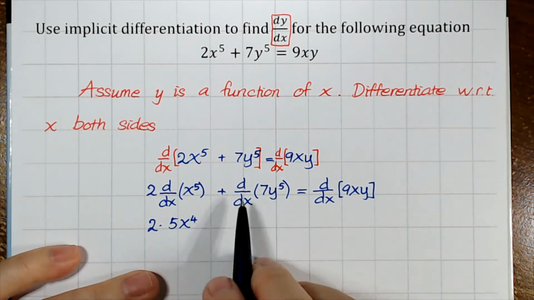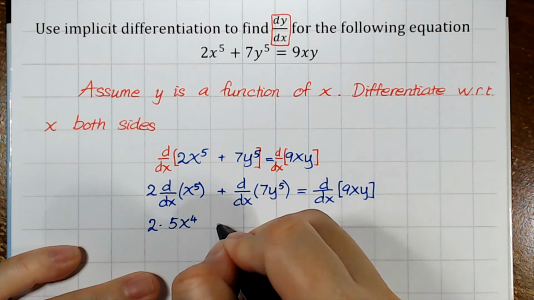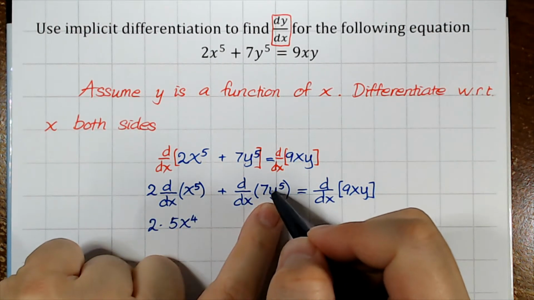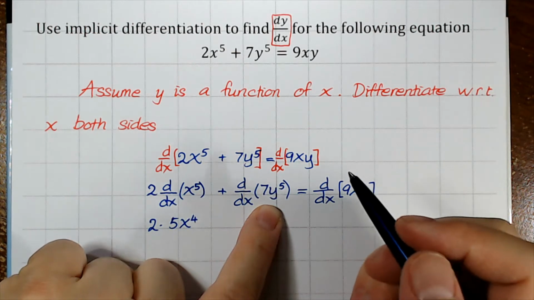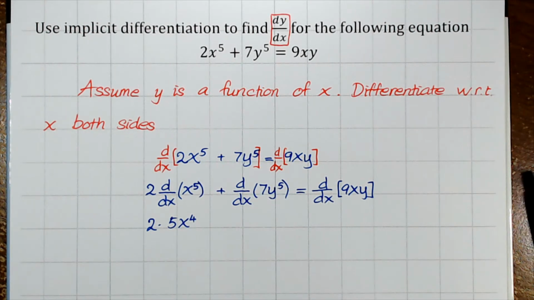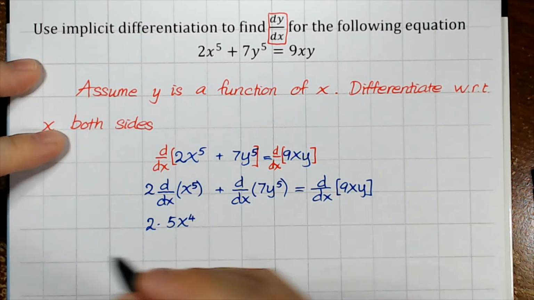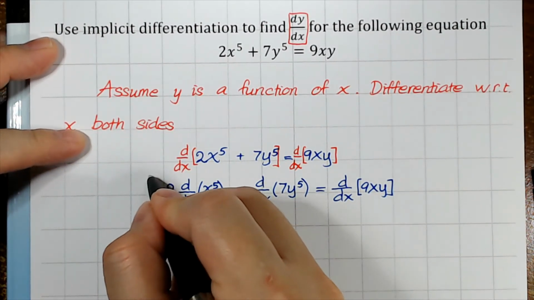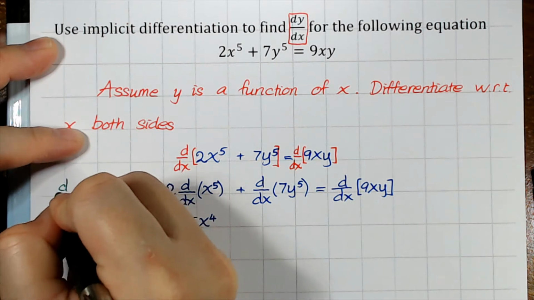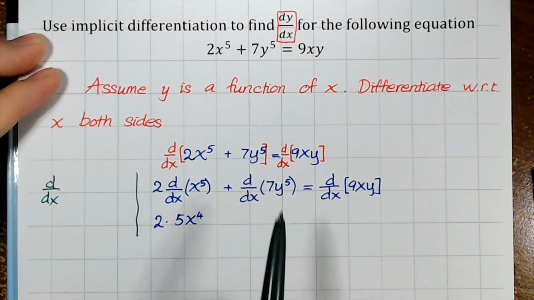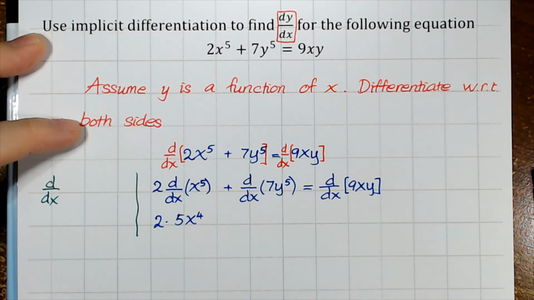That's easy. Now this, the difference between this one and this one, this has y as the variable. So if we look at this, we have the derivative with respect to x. I'm going to put that over here. Derivative with respect to x of 7y to the fifth.